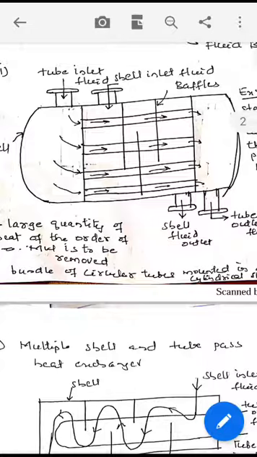A tube fluid consists of a fluid which flows through the small diameter tubes, and a shell fluid consists of a fluid which flows over the tubes in the shell. Example of a shell and tube heat exchanger is a steam condenser, where the latent heat of steam of the order of kilojoule per kg is to be removed.